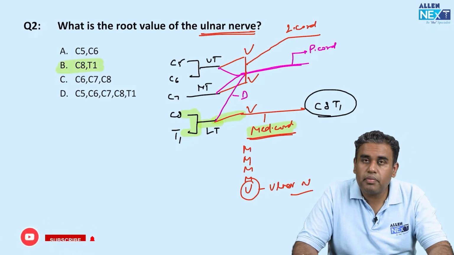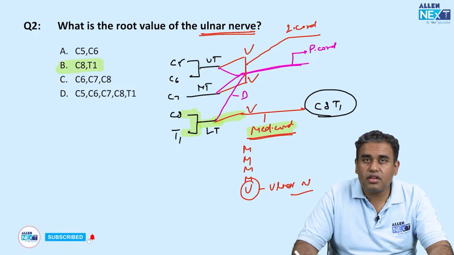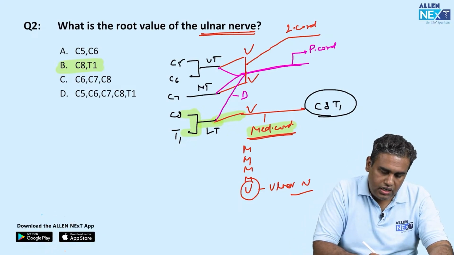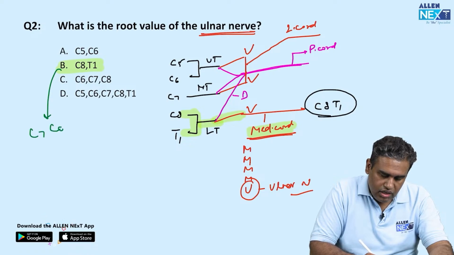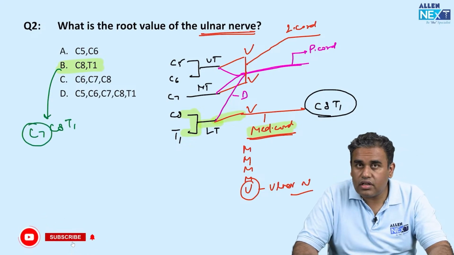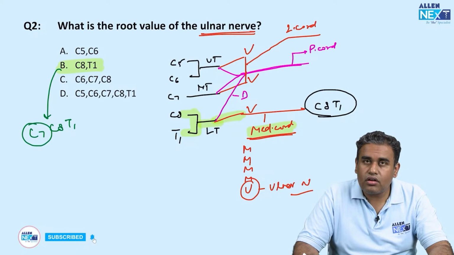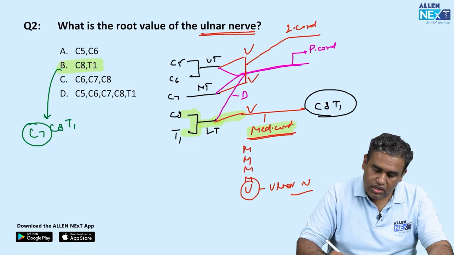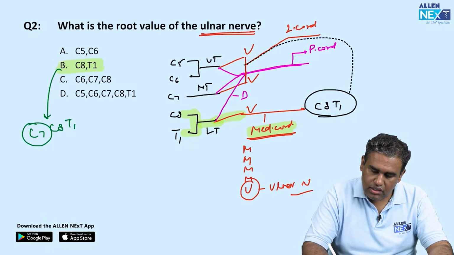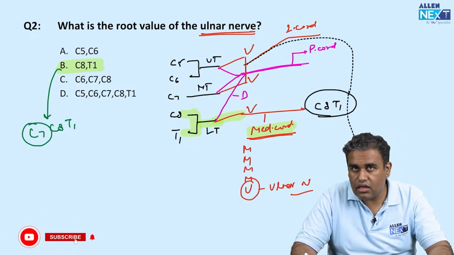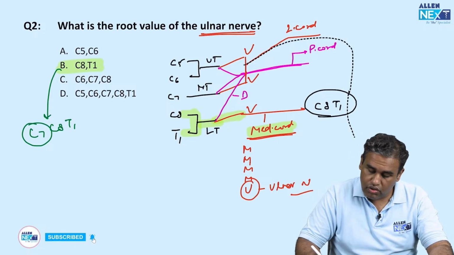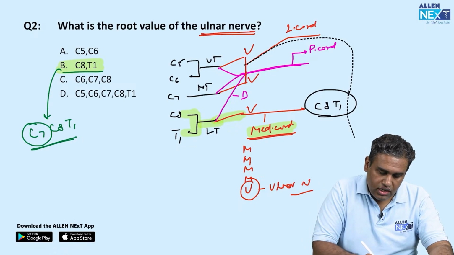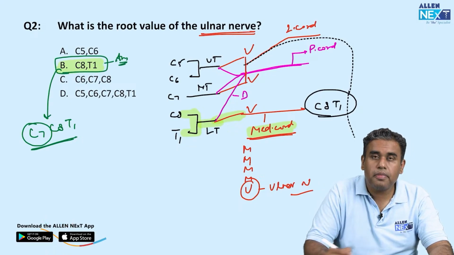But remember, a slightly more detailed option for the ulnar nerve is C7, C8, T1. Now, how does C7 enter over here? From the lateral cord, the C7 fibers come down and meet the ulnar nerve. They contribute to the ulnar nerve. Therefore, the exact or detailed root value of the ulnar nerve is this. But considering the options, we can go with C8 and T1 as well. This will be our best answer.